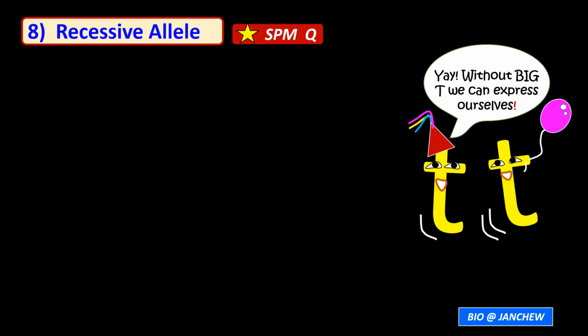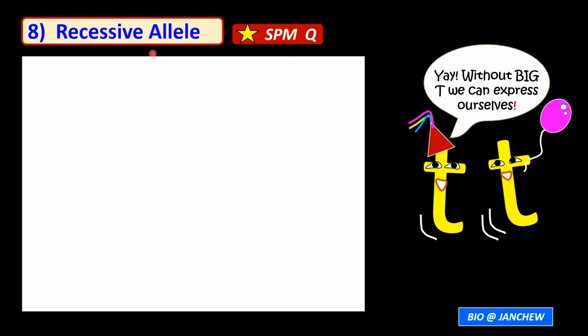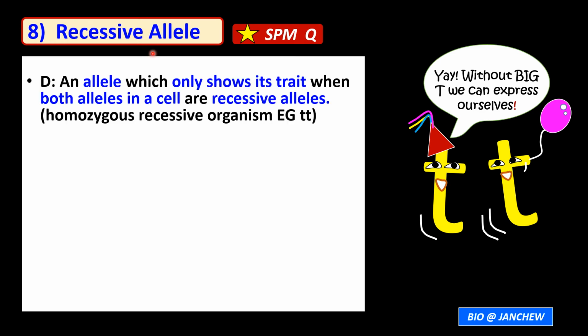So in contrast to the dominant allele, we have the recessive allele, also important for SPM questions. Let's memorize the definition. A recessive allele is an allele which only shows its trait when both alleles in a cell are recessive alleles. For example, small t. Let's say small t represents the allele for dwarf stem, referring back to Mendel's first experiment that we discussed in the first video.